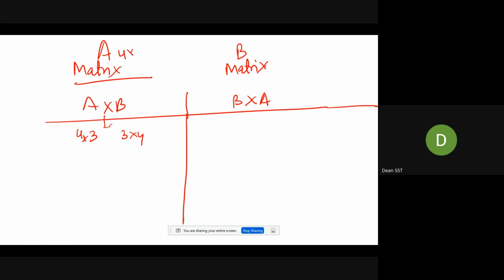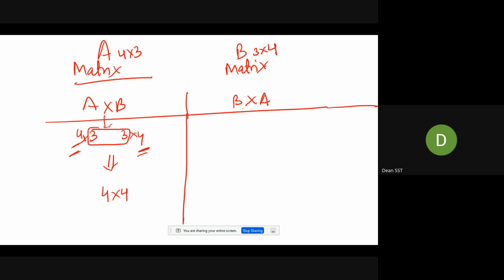These are equal, so you can multiply. The resulting dimension will be 4 cross 4.